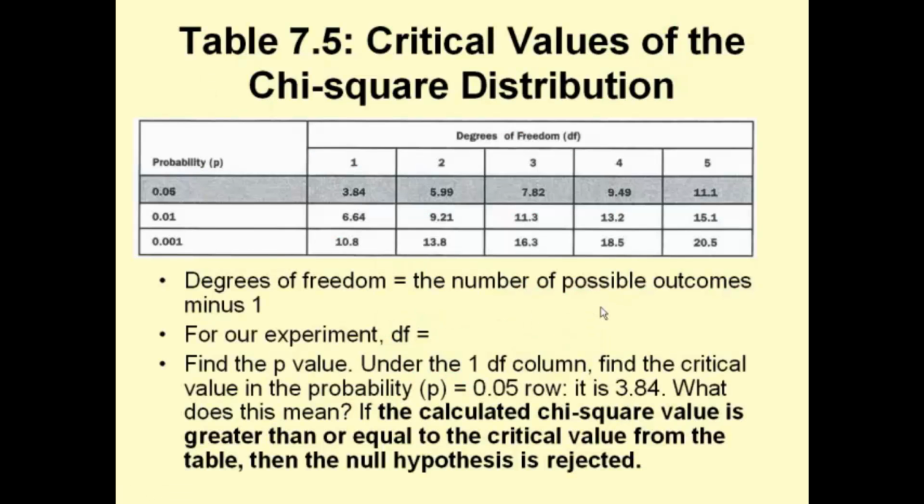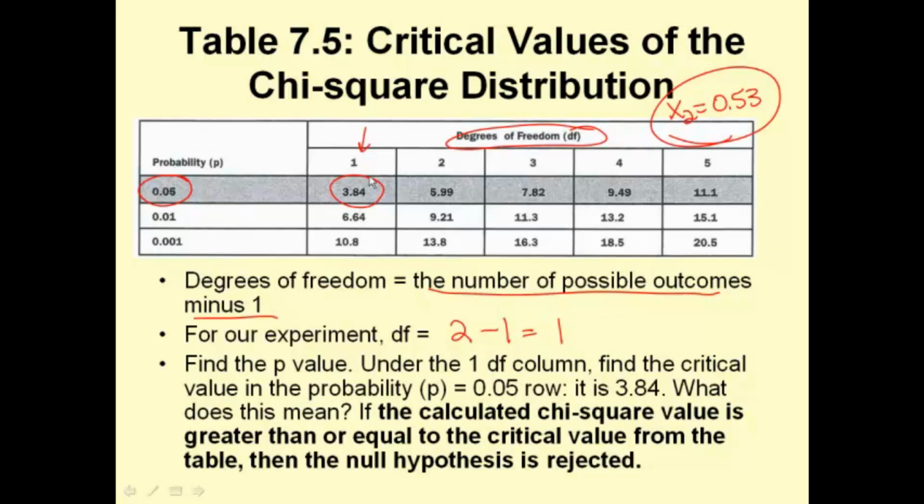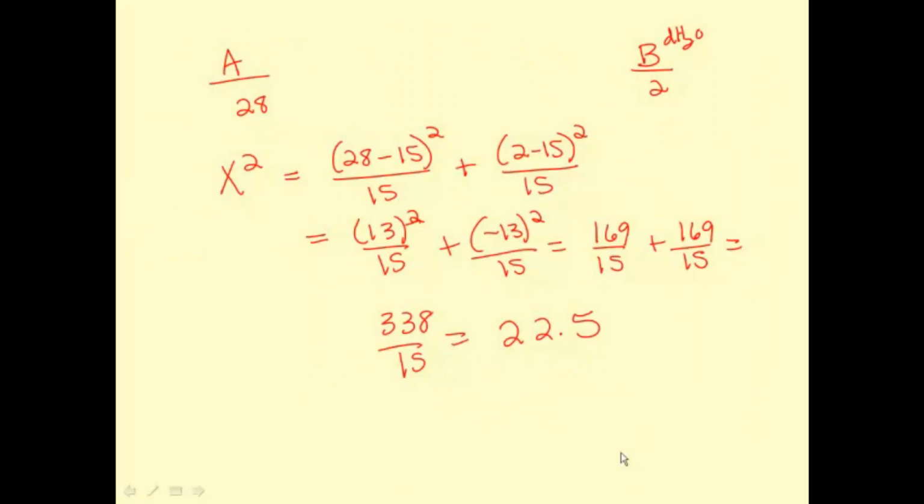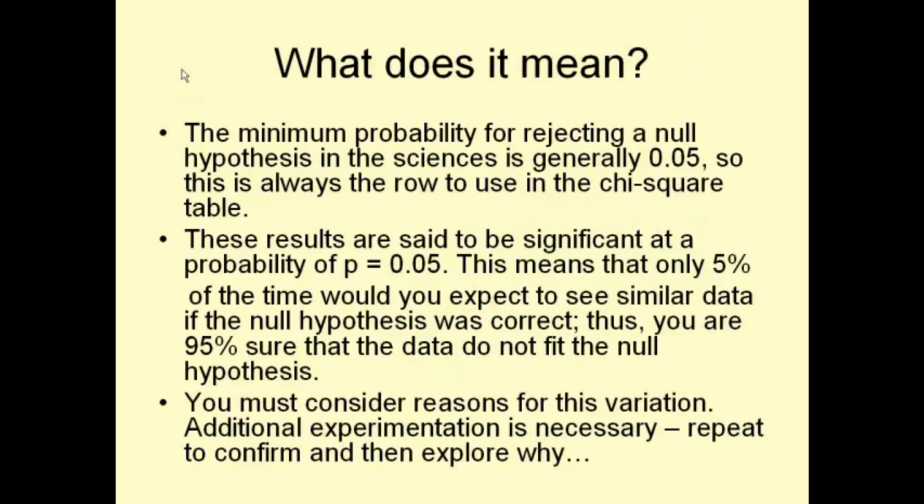And when we look at our table, we're still working in 1 degree of freedom. 22.5 is way bigger than 3.84. So now we're in that situation where it's greater than, we would reject the null hypothesis, which means we have to come up with an alternative hypothesis. And so you would say that something in substance A must be attracting the flies. They have a positive chemotaxis toward it, and you would now further investigate why.